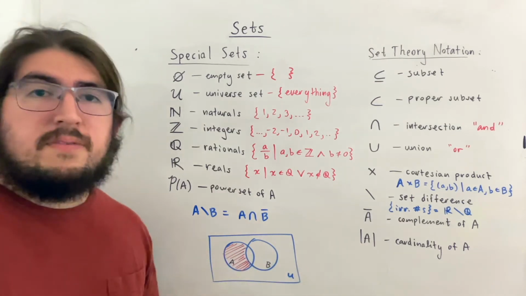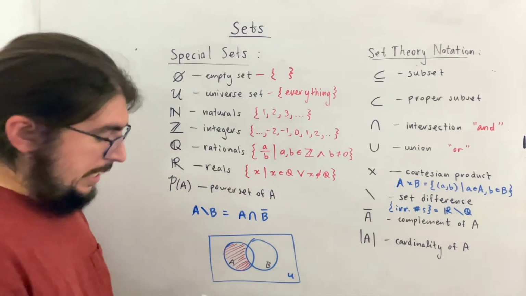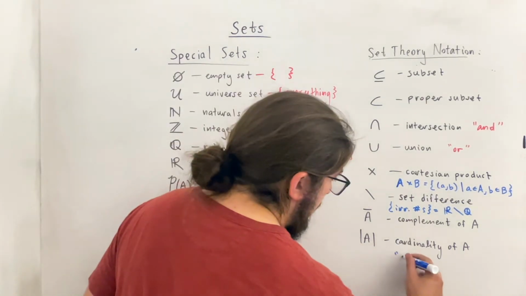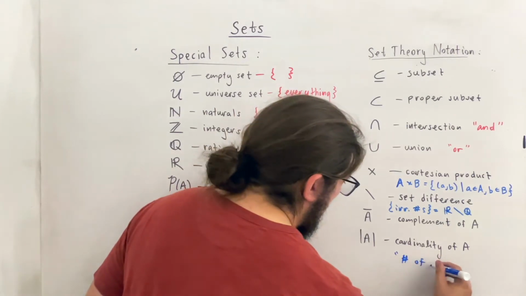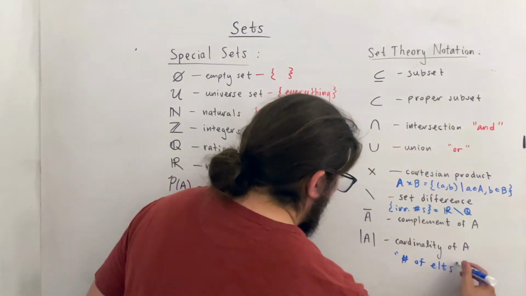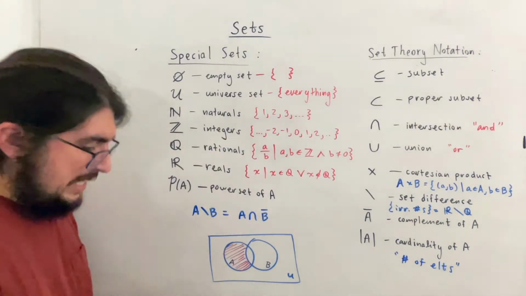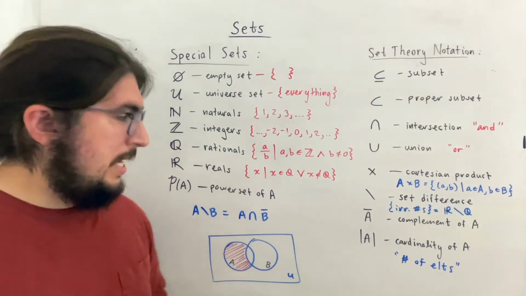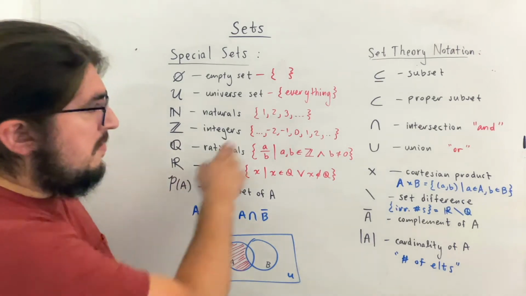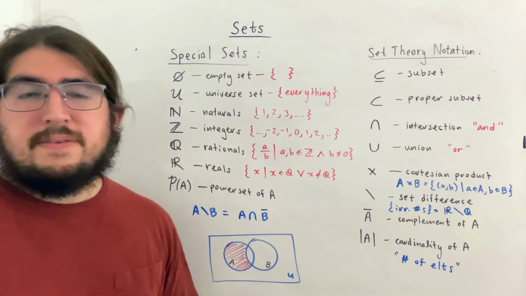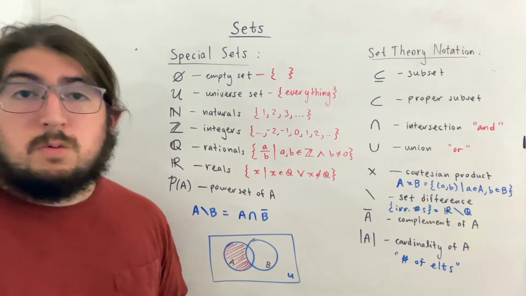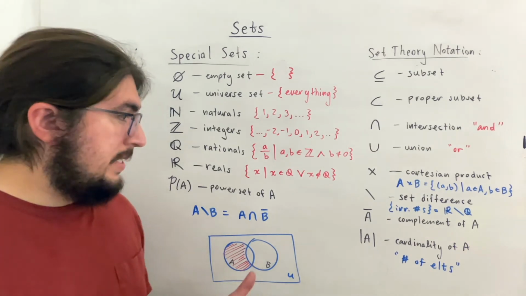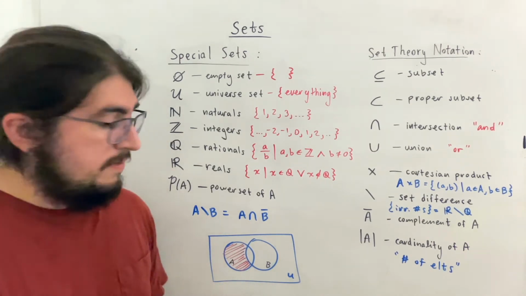Cardinality is the number of things in that set. So basically this is just the number of elements. For a lot of these examples we have seen so far, these are infinite in cardinality. So there's infinitely many numbers in each of these sets, believe it or not. Sometimes you will have a set that has a finite amount of numbers.